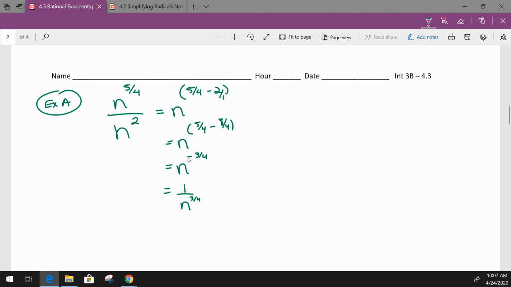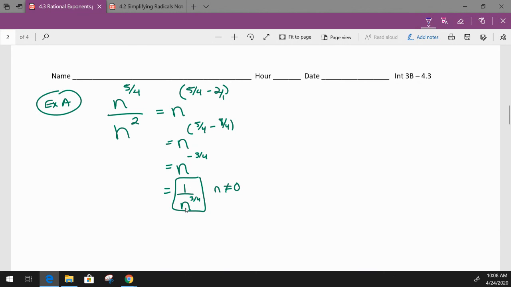So when we rewrite this expression, since it's a negative exponent, we move it to the denominator and it becomes a positive exponent. And then that's it, because we don't know what n is. So that's all we can simplify it as. And we might want to state that n cannot equal 0, because you cannot have 0 in your denominator.